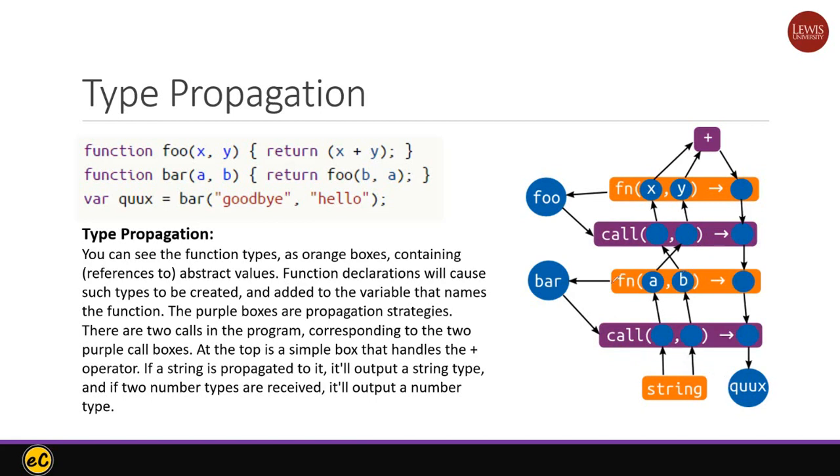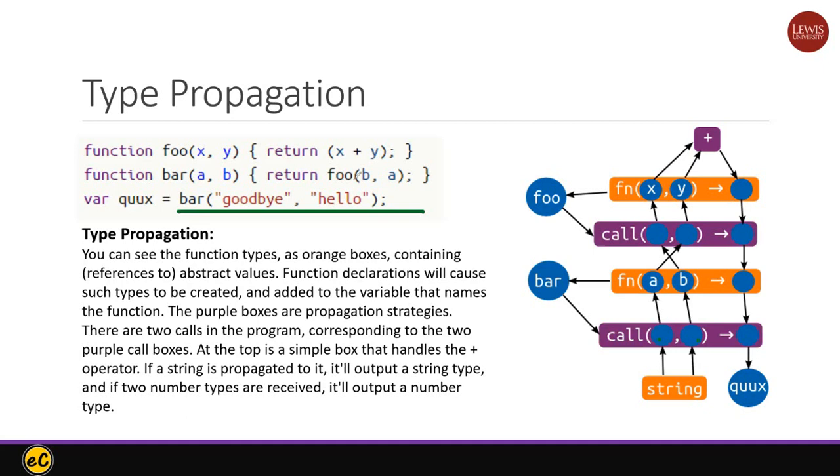Let's call string. The bar function has two strings, goodbye and hello. So these two are strings, and then passed to the bar function. The bar function would have two strings.